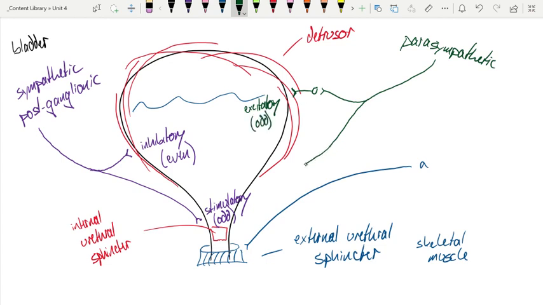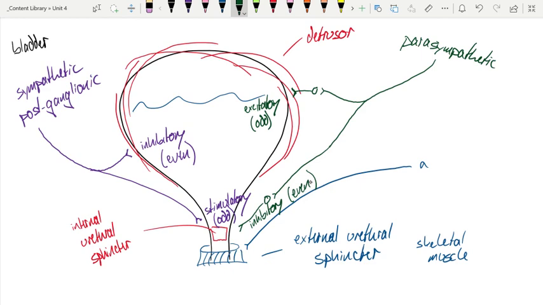Whereas if we follow this one, synapse here at a collateral ganglia, a terminal ganglia, with a short postganglionic, this one I want to be inhibitory so that I can relax that muscle and allow the bladder to void itself. This is going to be an even-numbered receptor. So that's the idea. As long as we can visualize, do I want smooth muscle to relax?